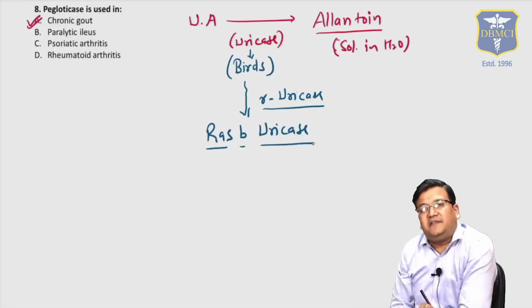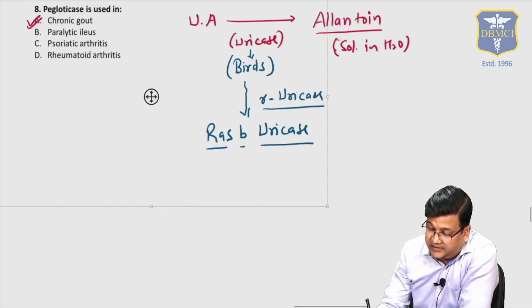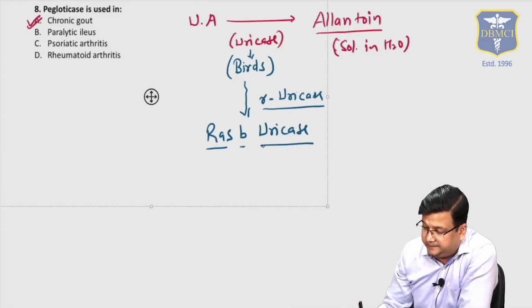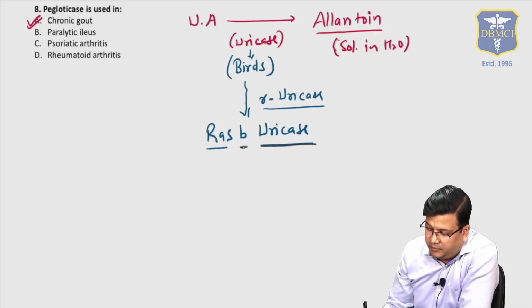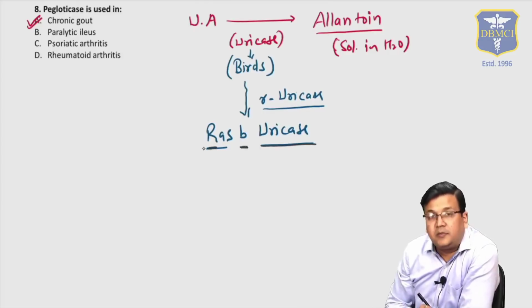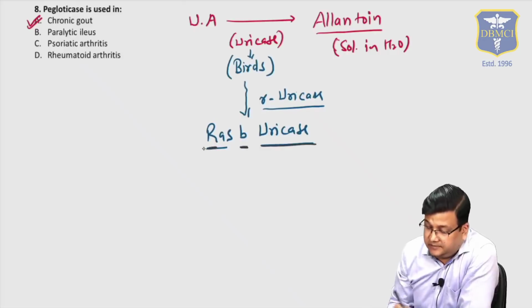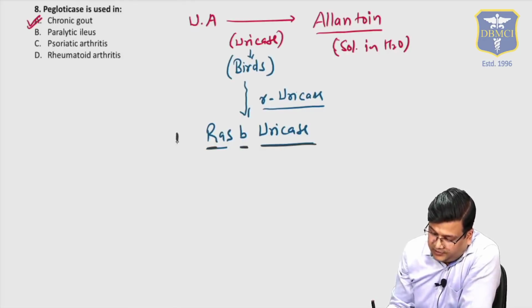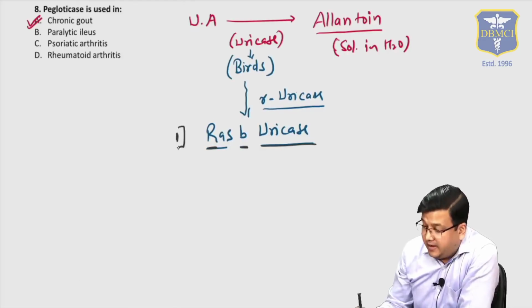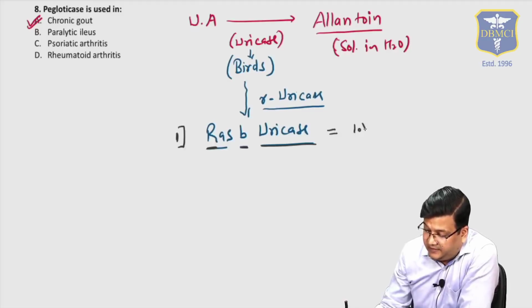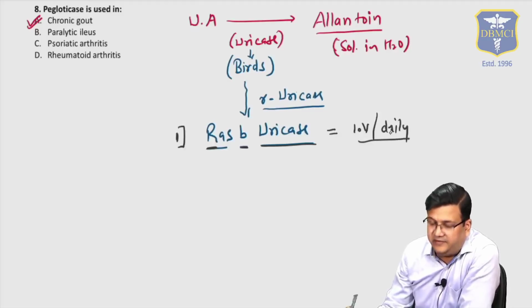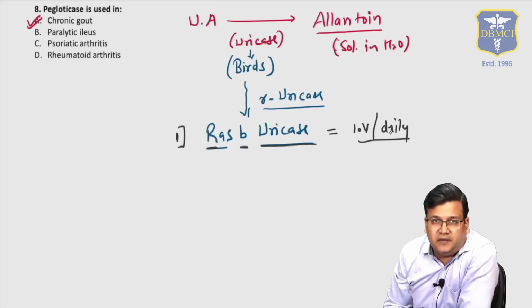So the name itself is self-explanatory. It is a uricase taken from birds and recombinant, Rasburicase. This was the first molecule that was developed, and this was given intravenously daily. This is an intravenously given drug and given every day.